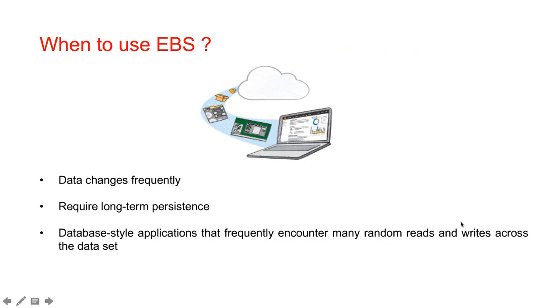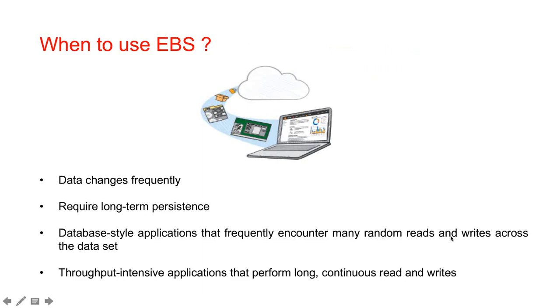Also, you can use EBS for throughput intensive applications that perform long continuous reads and writes. Amazon Web Services has recently introduced two types of HDD, or hard disk, volumes.